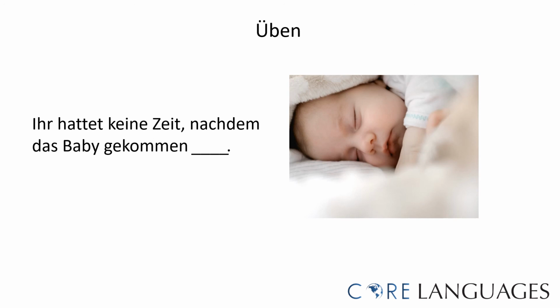Ihr hattet keine Zeit, nachdem das Baby gekommen war or hatte. The verb kommen uses to be or sein to form the past perfect and the present perfect. Because this sentence needs to be in the past perfect, we need to use war. You had no time after the baby had come.